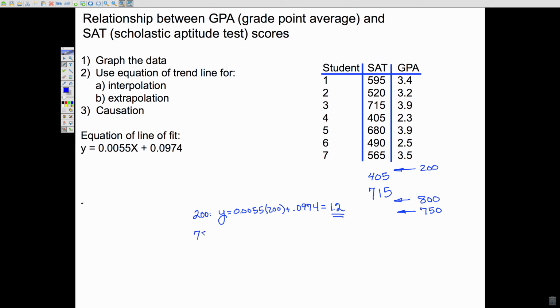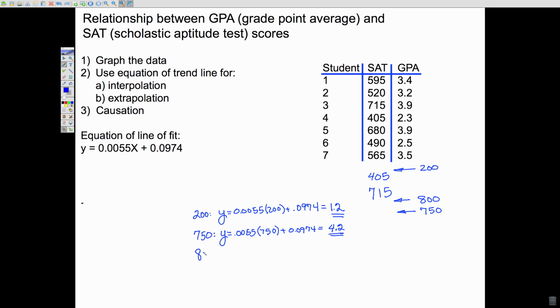If they had an SAT score of 750, we would find that their GPA would come out to 4.2.